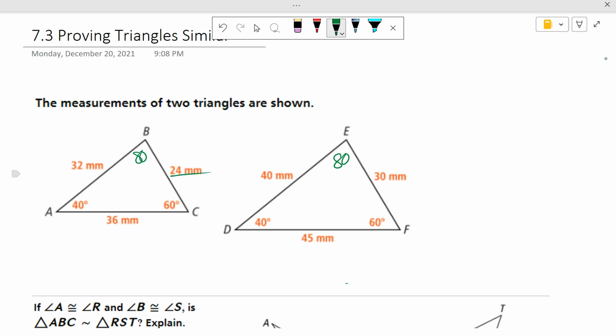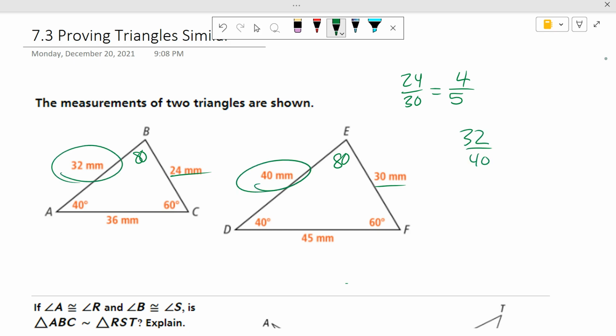So we take the short over the short, 24 over 30. What is that as a fraction? So if we divide both of these by 6, 24 divided by 6 is 4. 30 divided by 6 is 5. So it's a 4 to 5 ratio. How about 32 over 40, the medium and the medium?